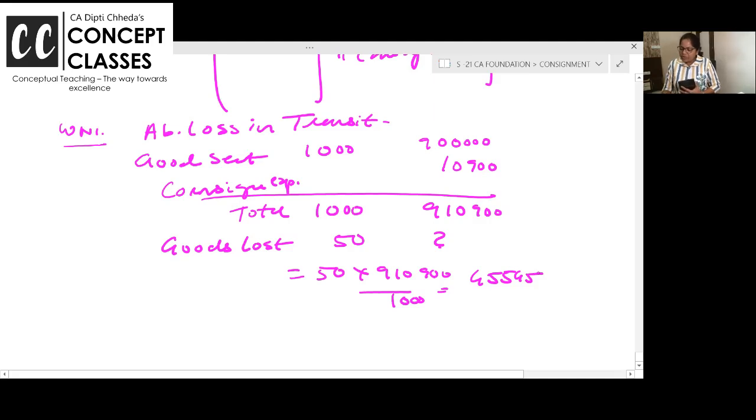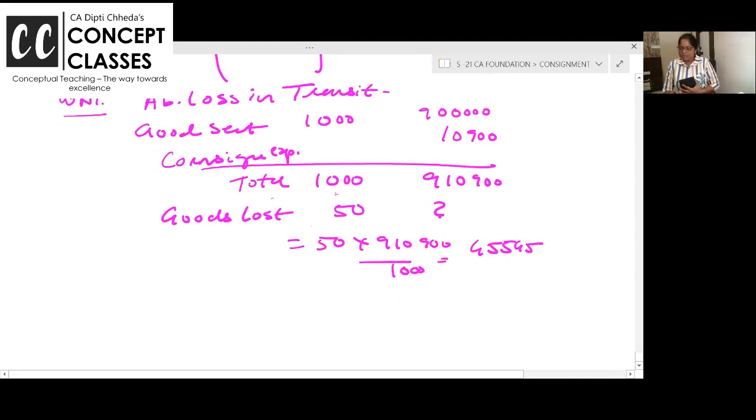We have sent the goods 9 lakh. Loss in consignment is 10,900. So total 9,10,900 for 1,000 units. Goods lost is 50. So cross multiply, you get the answer. 45,545. This is the loss.